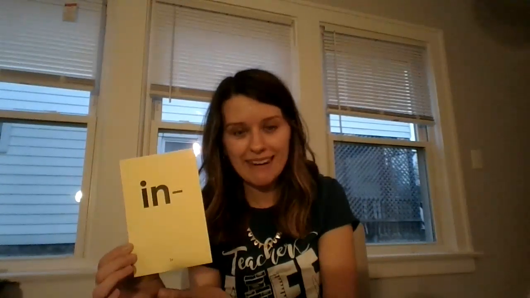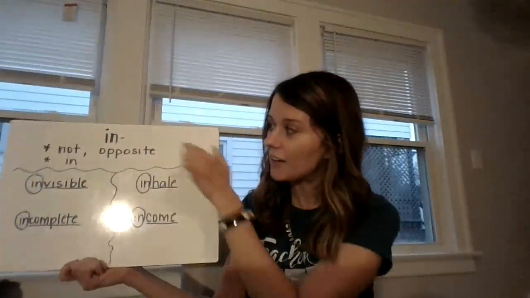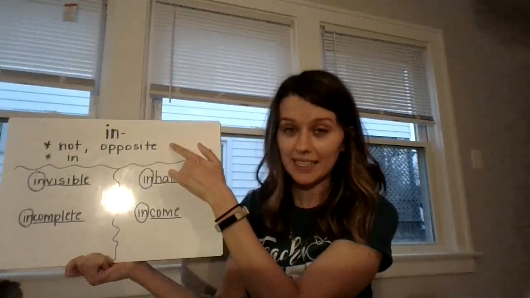And in has two different meanings. So it can mean not or opposite, but it can also mean in. So for example, not or opposite, as I said, is one of the meanings of the prefix in.